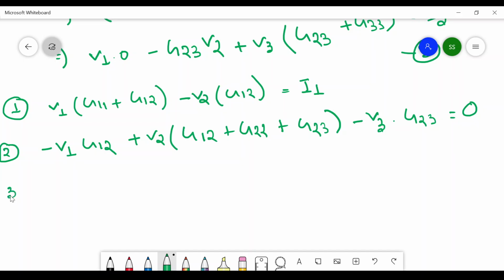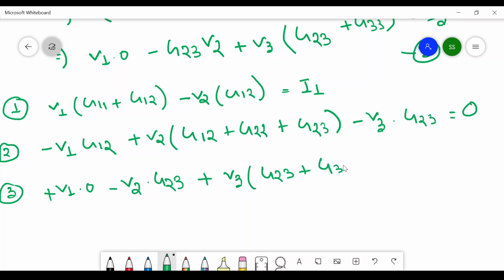And for node 3 we get minus V1 into 0, minus V2 into G23, plus V3 into G23 plus G33, which is equal to I3.